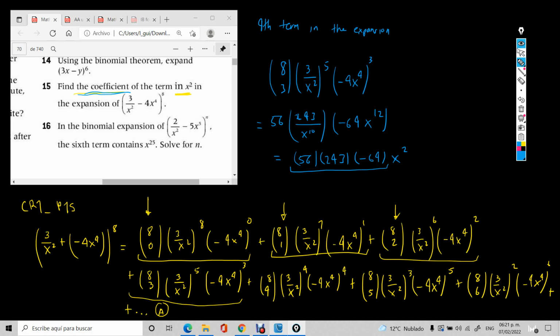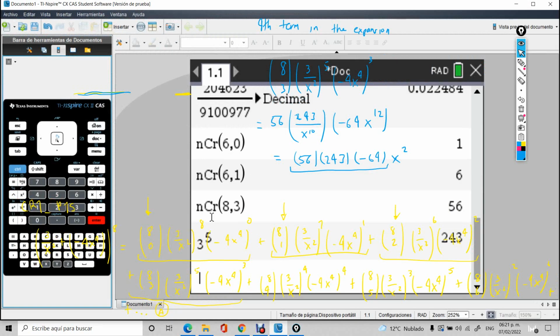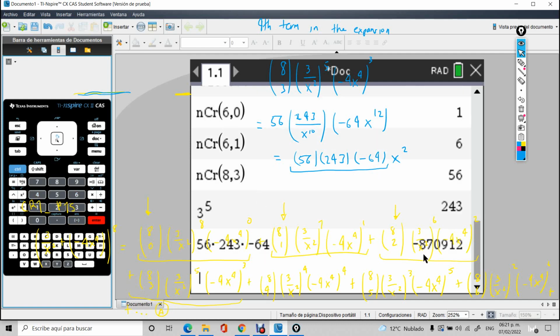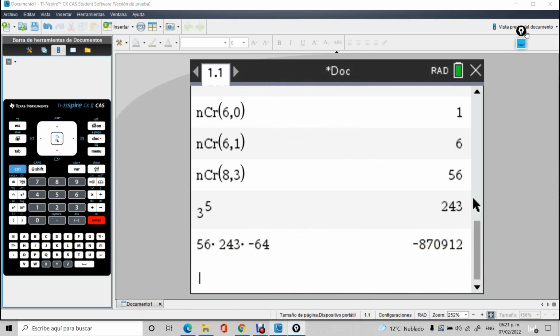But anyways, let's actually get that number in the TI. It's going to be 56 times 243 times minus 64. So it's this number, minus 870912. Okay, this number right here.